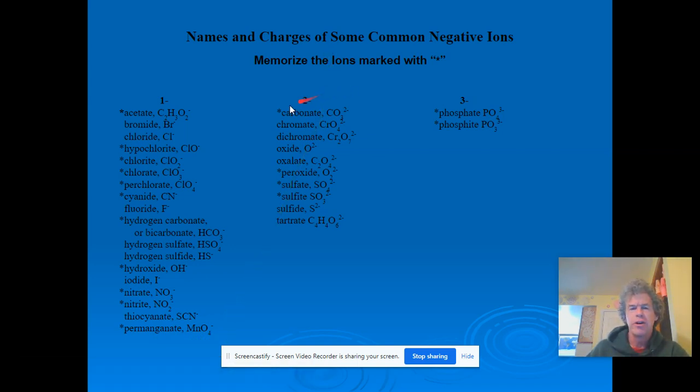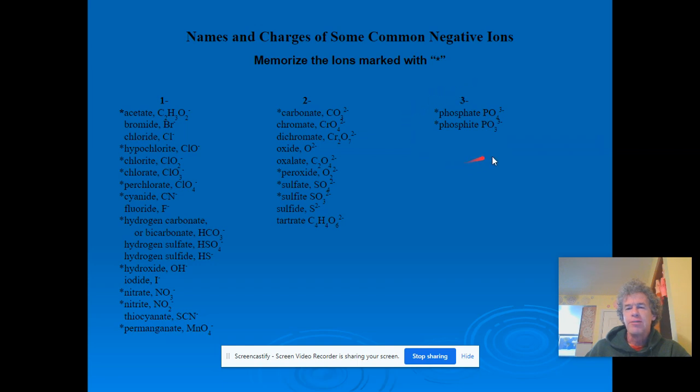Some other ones we want you to know are carbonate. Carbonic acid makes caves and stuff like that. Carbonate is CO3 2 minus. Peroxide, like hydrogen peroxide, is O2 2 minus. Sulfate, there are a lot of compounds with sulfates, is SO4 2 minus, and sulfite is SO3 2 minus.